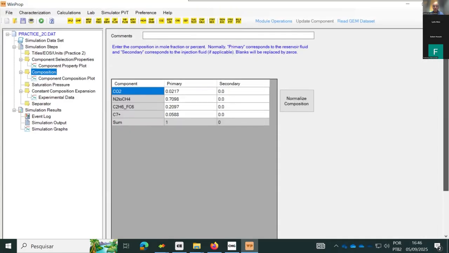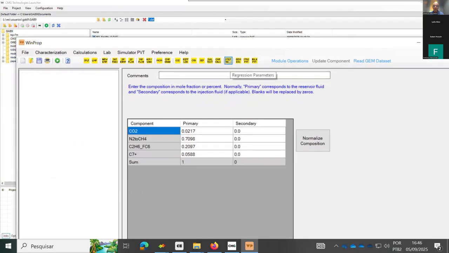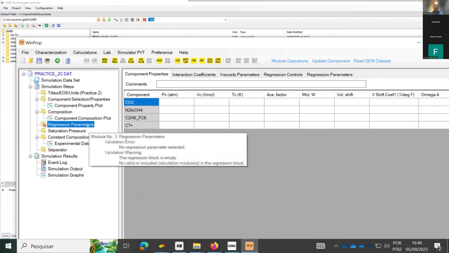After composition, we can call the regression button. This is the start regression button. We can click on composition and call the strategy regression parameter. Remember, we need to include all the lab experiments inside the regression block.